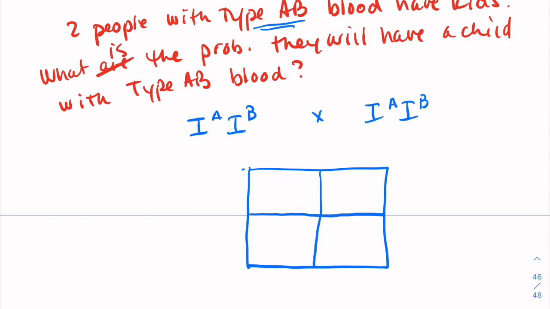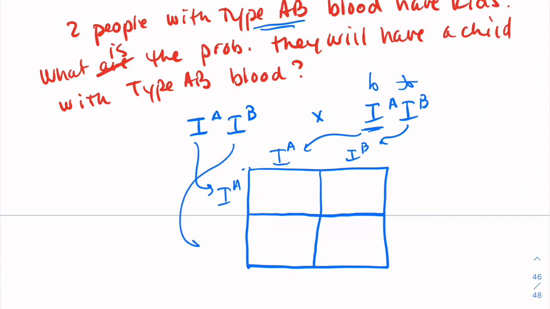So what we'll do is we'll look at this parent over here and say they can donate this allele to their kids. We'll put that A allele right there. Or they could donate this B allele to their kids. This parent over here can donate either an A allele or a B allele.